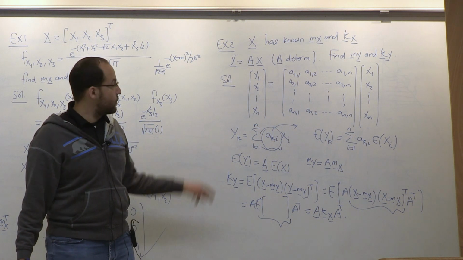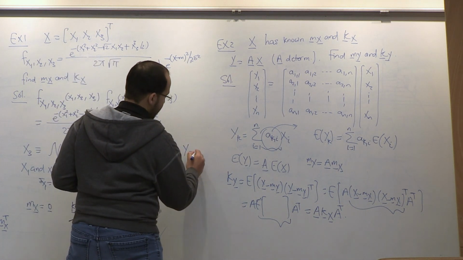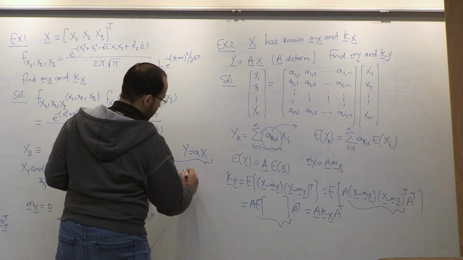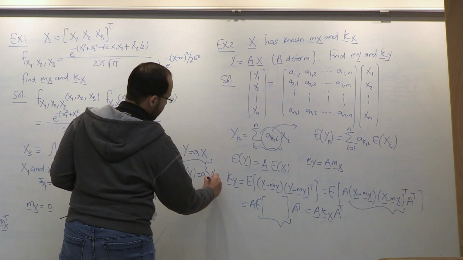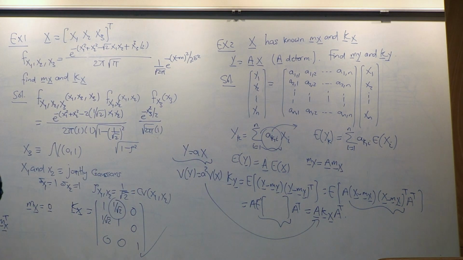So if you have y equals Ax, you end up having the variance of y equals A squared times the variance of x. But this is the squaring in the language of matrices. All right? Everybody's okay with that?